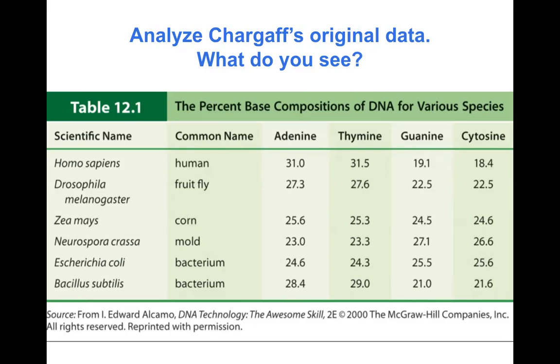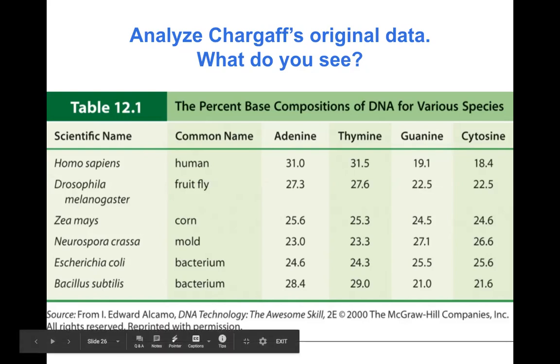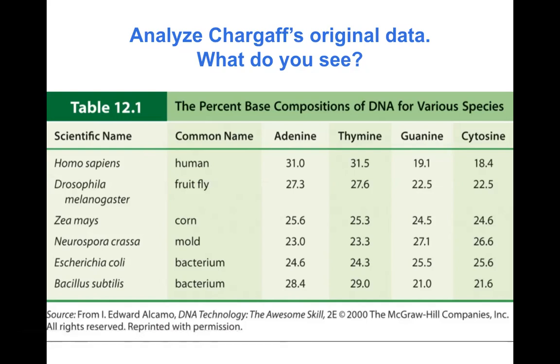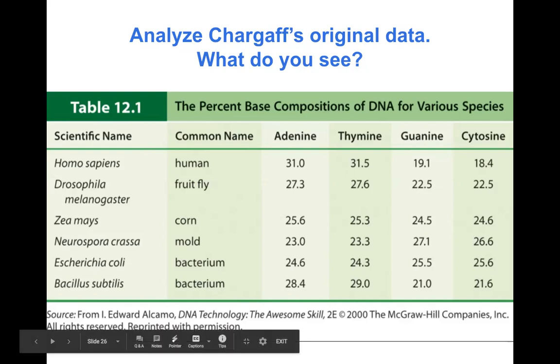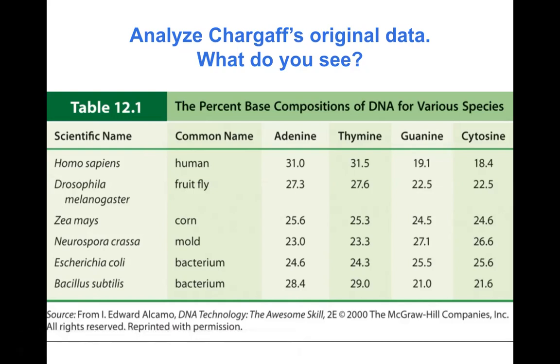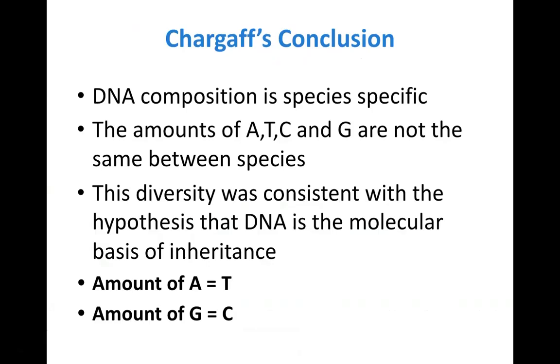In E. coli, adenine and thymine are roughly the same, roughly the same for cytosine and guanine, and the same would apply to a type of bacteria known as Bacillus subtilis. They also have equal proportions of adenine to thymine and cytosine to guanine. However, the concentration of each one does vary slightly between different species.